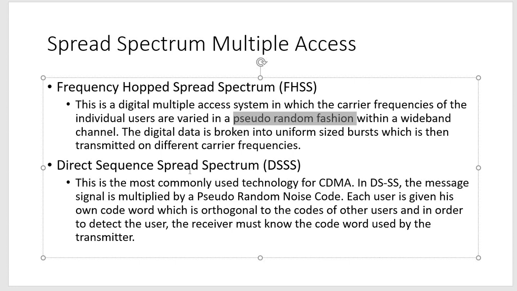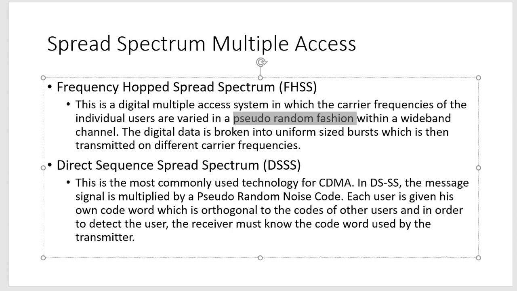The next one is direct sequence spread spectrum, DSSS. This is the most commonly used technology for CDMA, code division multiple access. In this DSSS, the message sent is multiplied. All the message information is multiplied by the pseudo-random noise code.